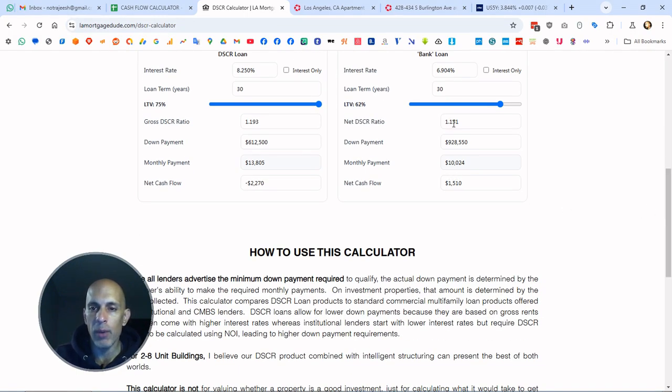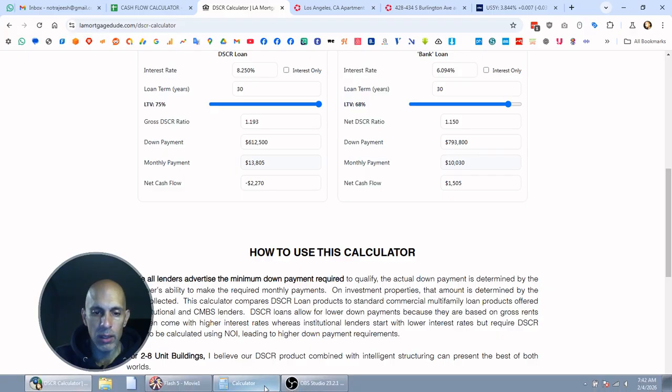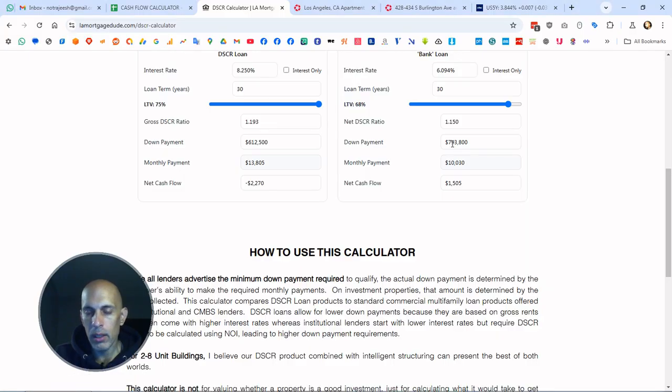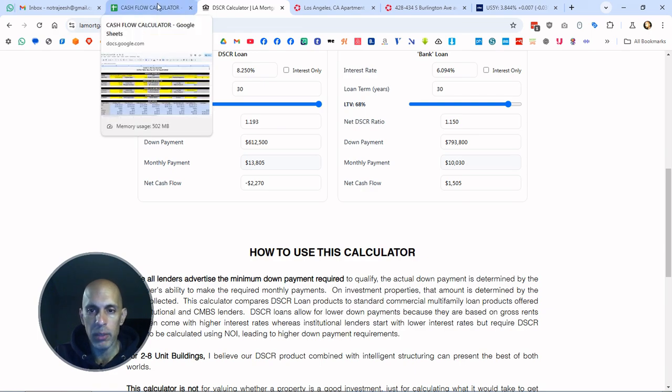And in order to hit that 1.15 ratio, and this is at 6.094, so let's see here, 68%. So that's more correct. So you're looking at 32% down here just to make this property qualify with this loan. So let's punch those numbers in and see what we get.